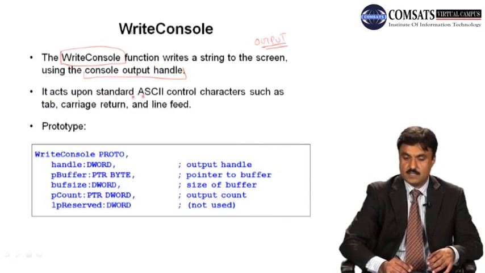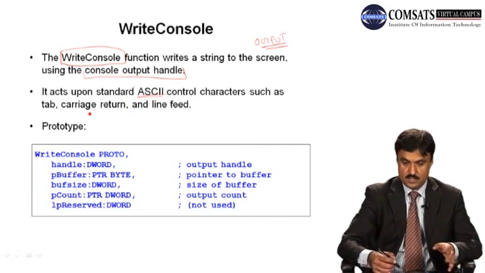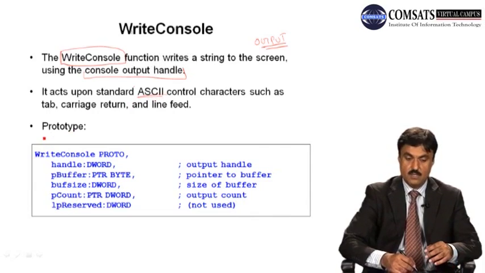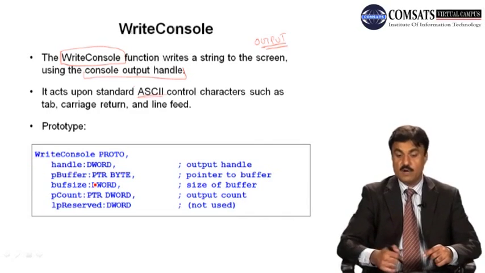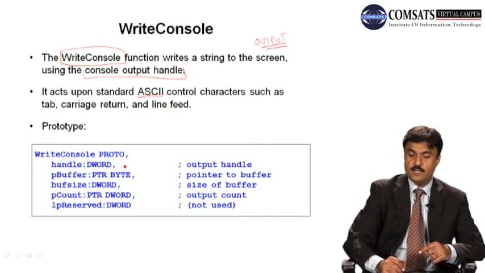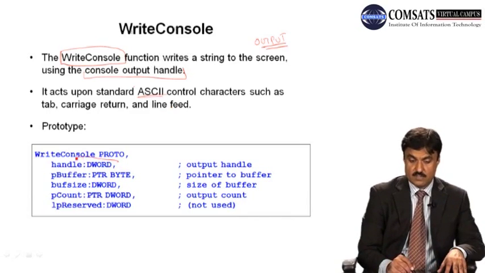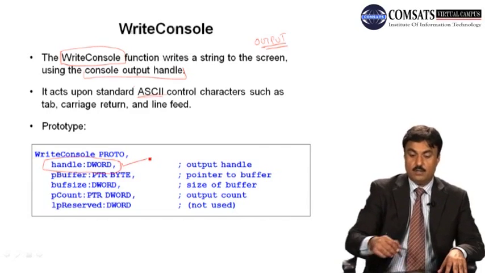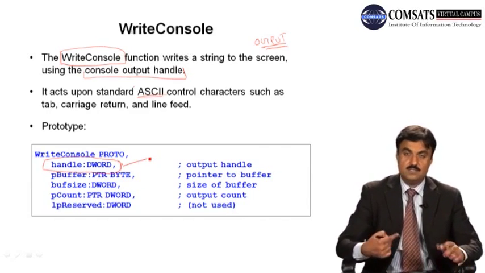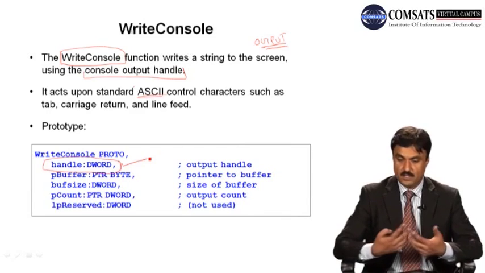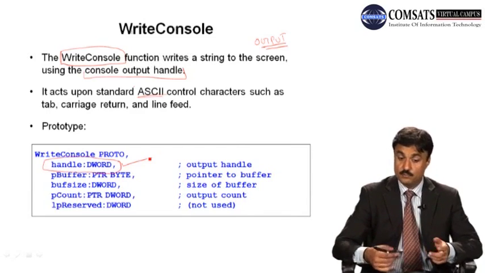It acts upon the standard ASCII control characters such as tab, carriage return, line feed and so on. So whatever you are going to print, you can define as ASCII and print it on the screen. Here is the prototype, or syntax, of WriteConsole. First, we need a handle: we have to request the output handle, a unique 32-bit number that identifies the object interacting with the output device.